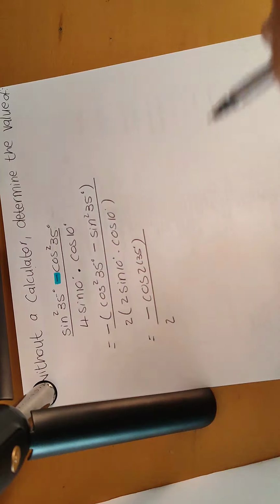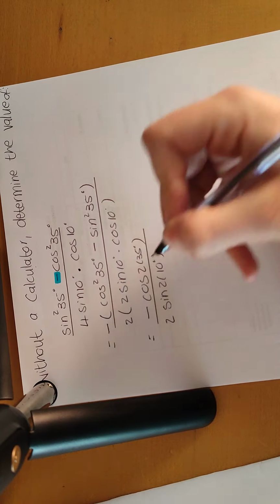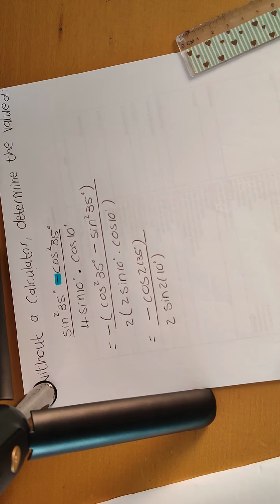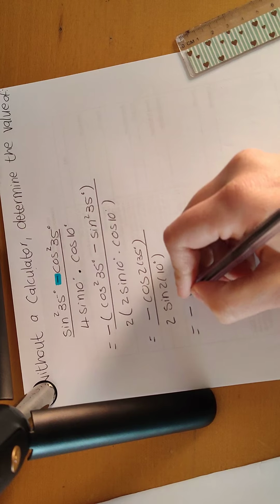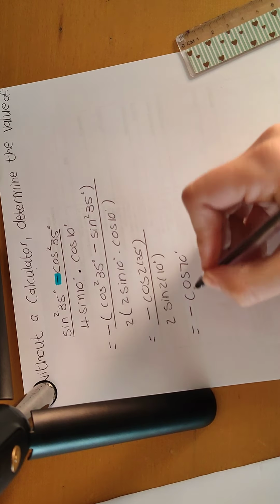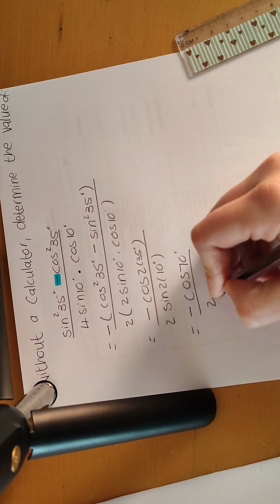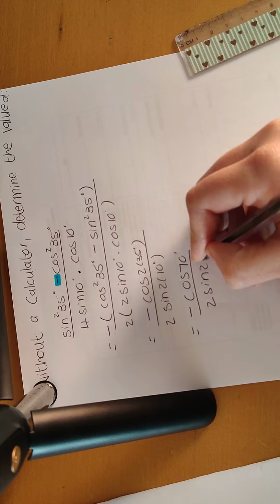So this is then just going to be 2 times sine 2 times 10 degrees. Okay. And then if we simplify this, 2 times 35 degrees is 70 degrees. So negative cosine 70 degrees divided by 2 times sine of 2 times 10, which is 20 degrees.